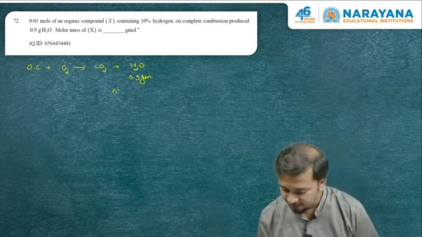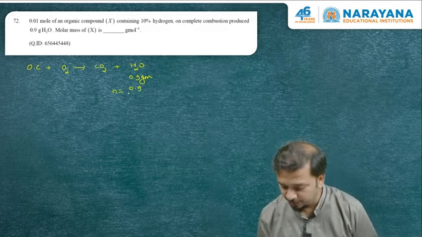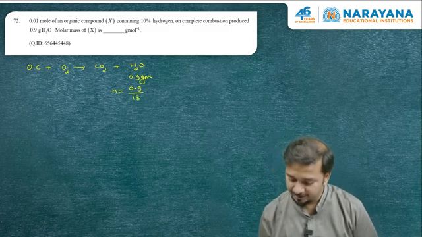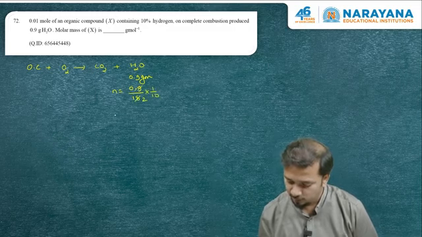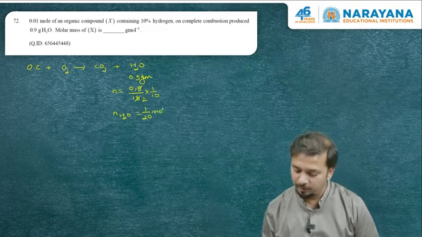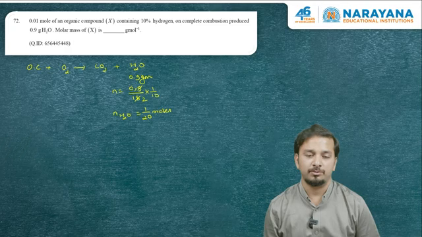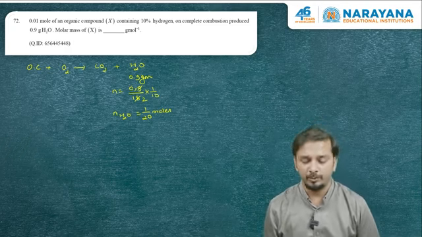So we can find the moles of H2O which is formed. Moles of H2O will be 0.9 upon 18, so we can write it as 1 by 20. So 1 by 20 moles of water is formed. Now, we know moles of hydrogen in water and moles of hydrogen in the organic compound are going to be the same.